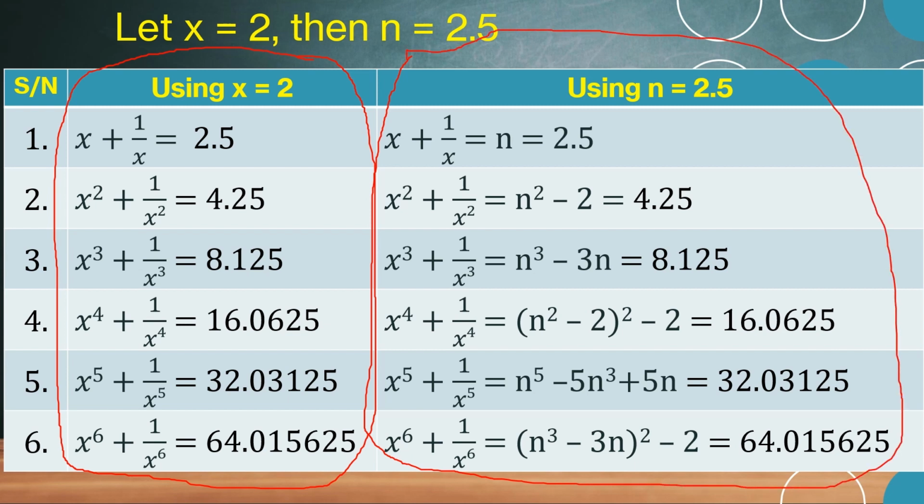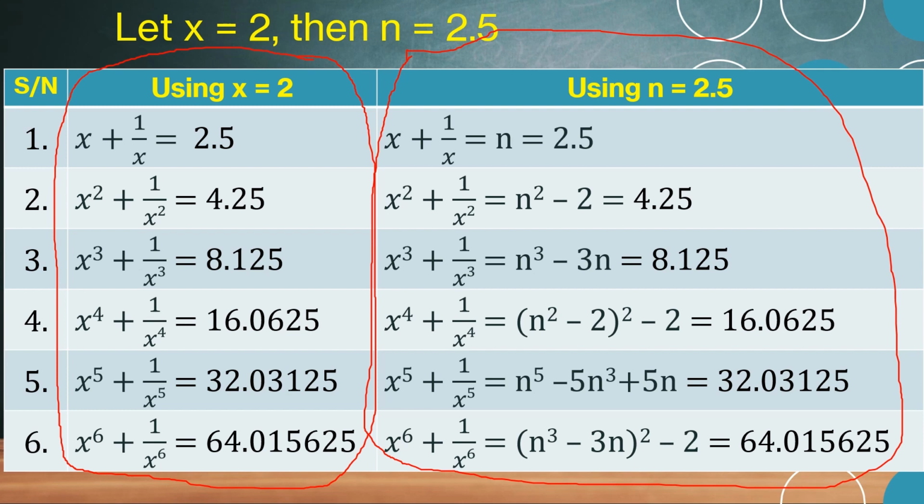Now take note, on the left-hand side, we have x plus 1 over x and we have 2.5. Remember, we did this from x plus 1 over x up to x raised to power 10 plus 1 over x raised to power 10. We just looked at that a few seconds ago.